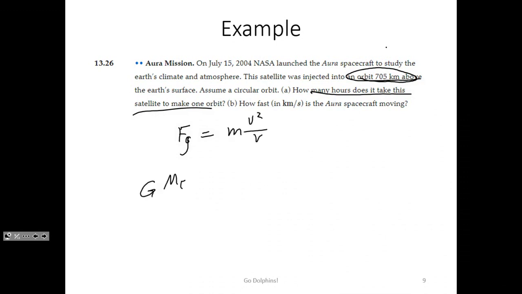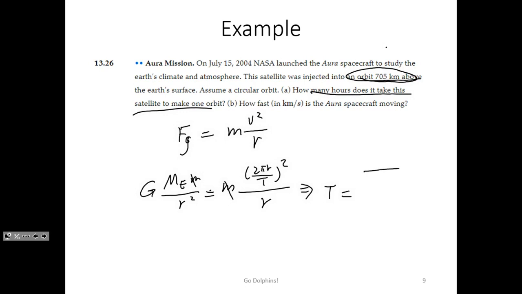F_g is G M_e m over r squared. 2 pi r over T gives me v, and it's squared over r. And then I need to solve for my T. Solving for T from this equation, I find the solution should be T squared equals 4 pi squared r cubed over G M_e.